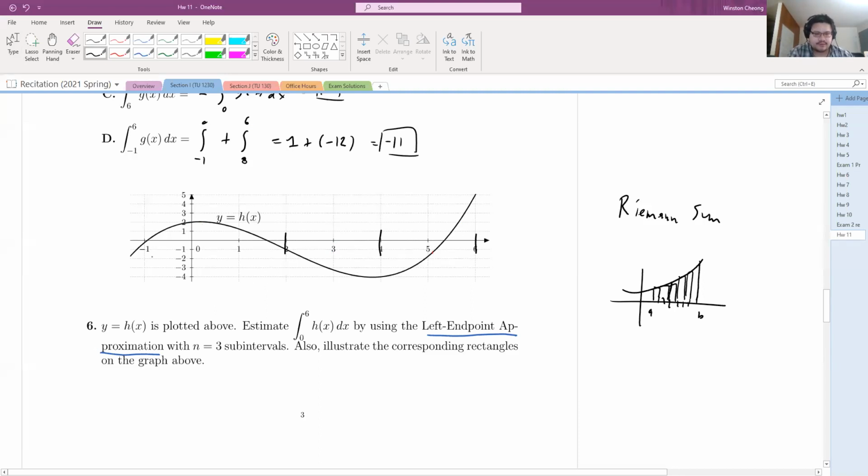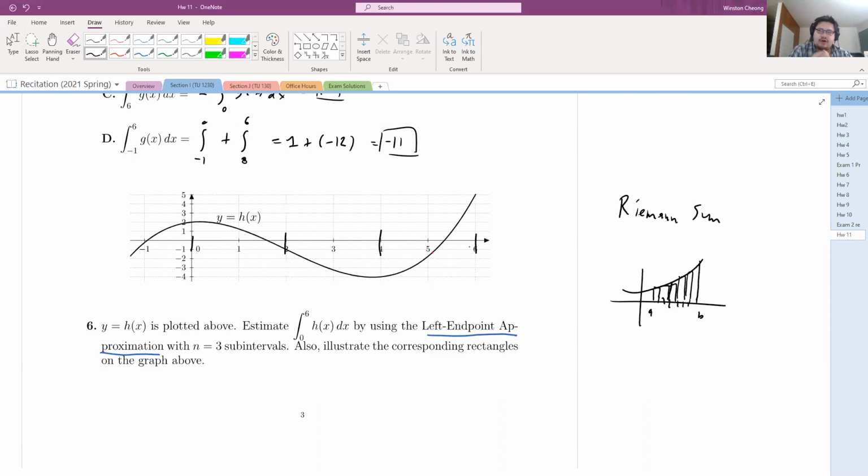Cursor's being a bit bothersome. Okay, and so we need to specify a rectangle from 0 to 2, a rectangle from 2 to 4, and a rectangle from 4 to 6. Its height is going to represent what we consider the area of the function to be for that subinterval.